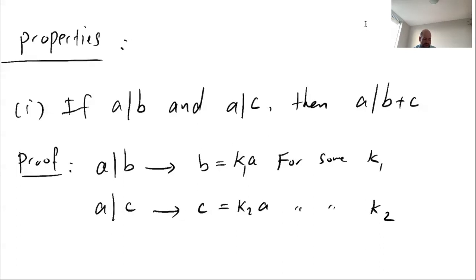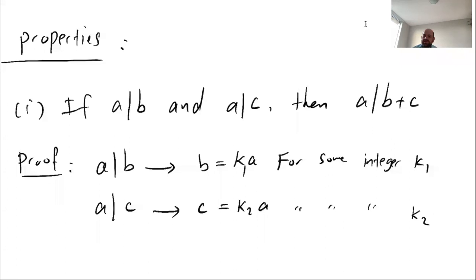The first assumption is that A divides B. How can I apply the definition here? I can say that B can be written as K1 times A for some integer K1. And similarly, A divides C means C is K2 times A for some integer K2. Now, these are my assumptions. What do I want to show? I want to show that A divides B plus C.